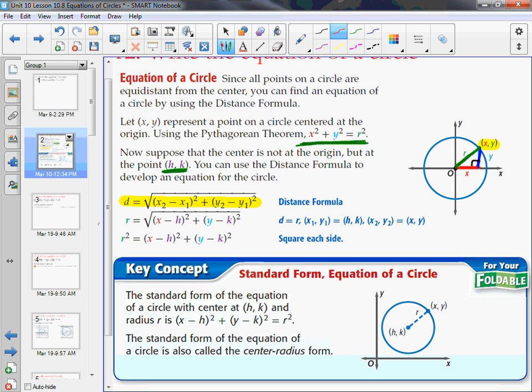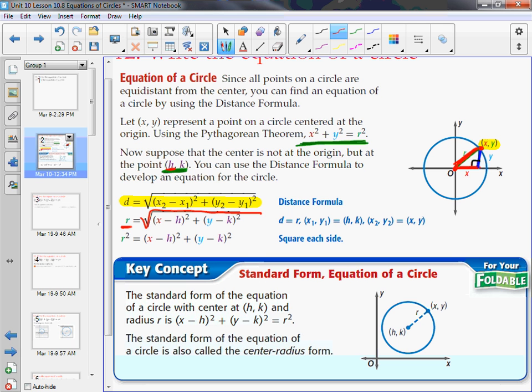Okay, now here's what we're going to do. If we start with, let's see, let's call the distance r for radius, okay, equals the square root of. So what's the distance between this x-coordinate and this x-coordinate? Remember now, it's not 0 anymore, it's h.